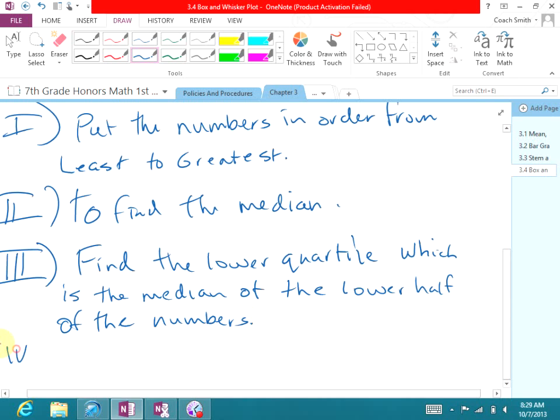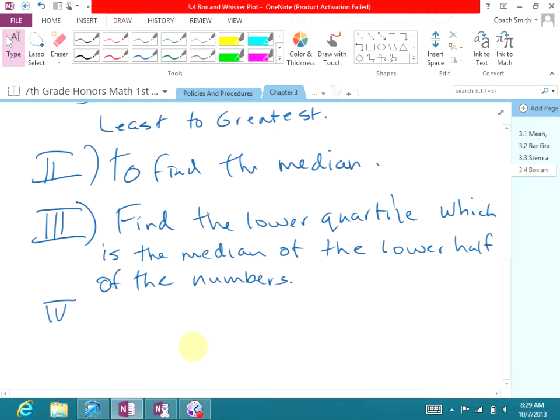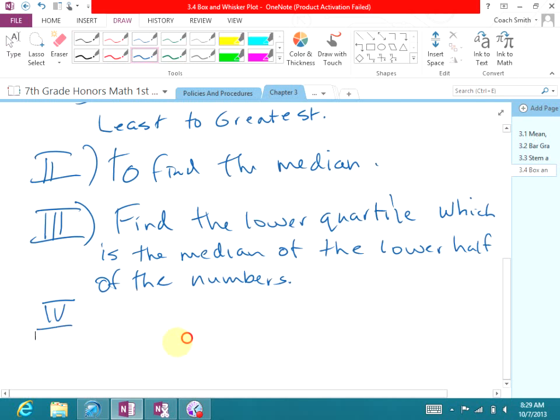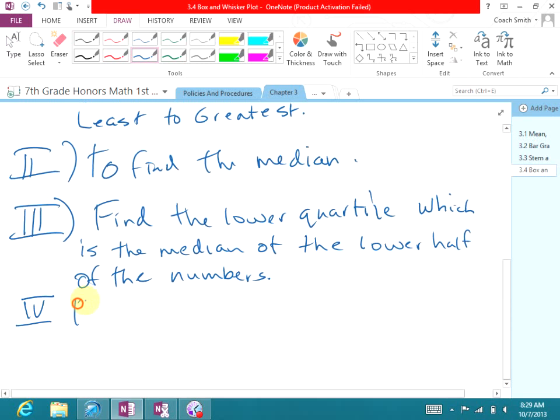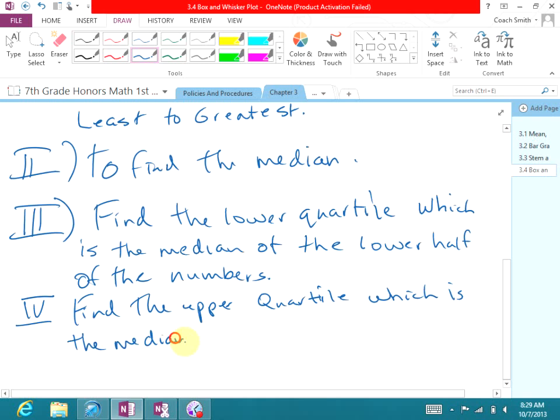And then step 4 is find the upper quartile, which is the median of the upper half of numbers.